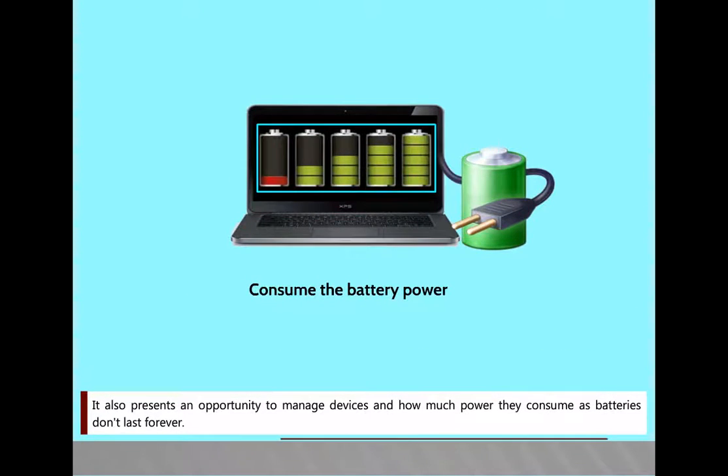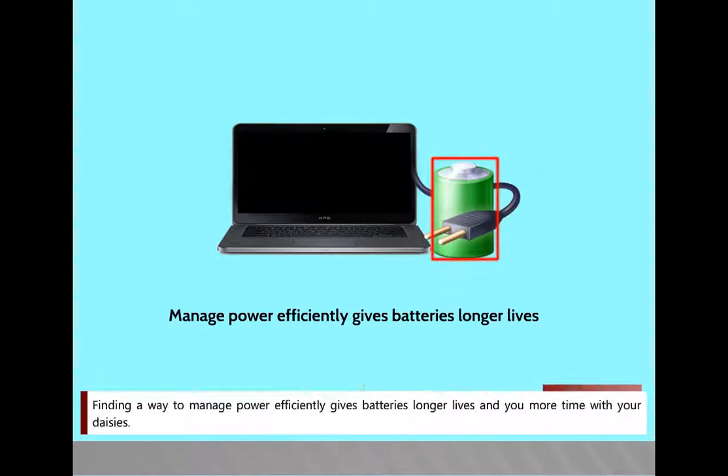It also presents an opportunity to manage devices and how much power they consume, as batteries don't last forever. Finding a way to manage power efficiently gives batteries longer lives and you more time with your daisies.